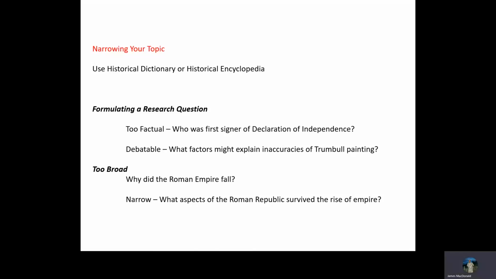What's better is that you focus and hone in your argument. Here's an example: what aspects of the Roman Republic survived the rise of the empire? How did the Roman Republic, as it existed before it became the Roman Empire, the time of the Caesars, what's the continuity there? This is the fictional research question that they have in the book.